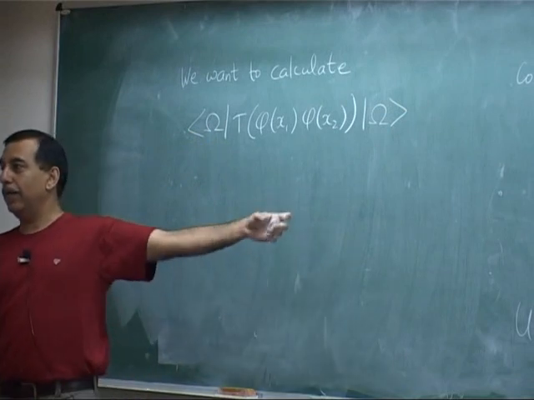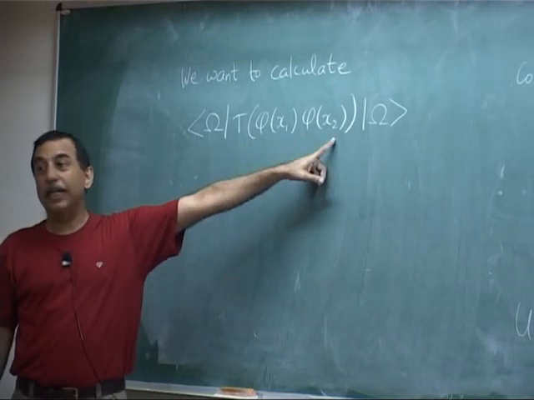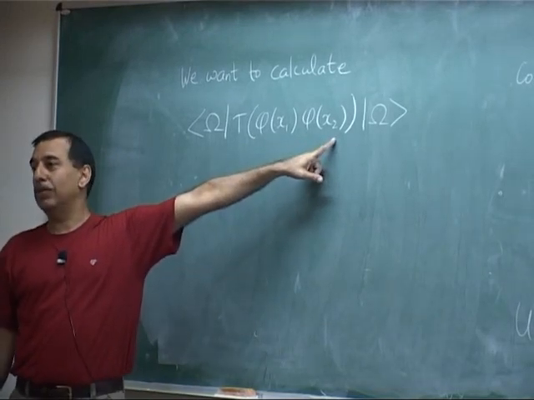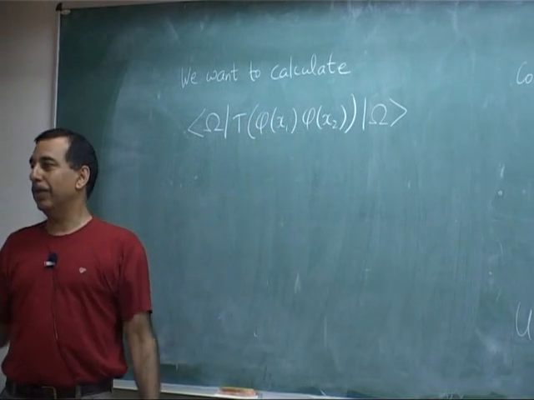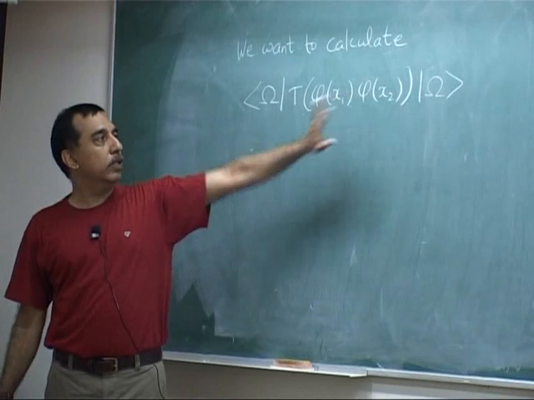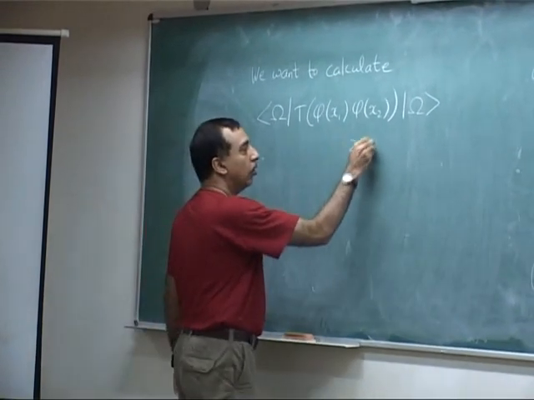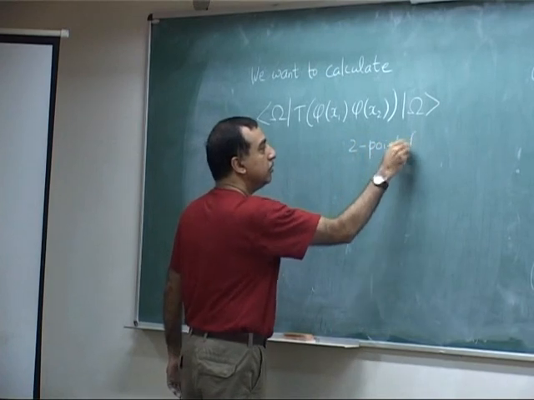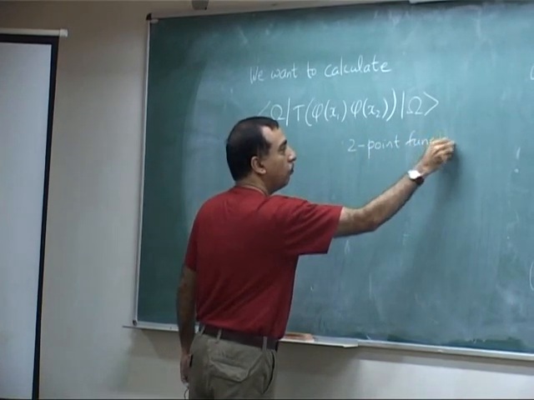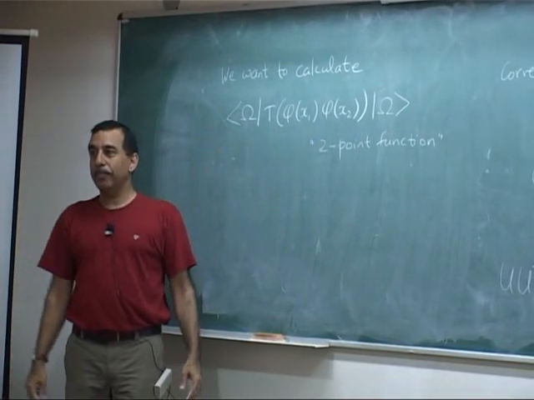Whatever formula I end up with, without proof I'll extend it to the case where we have any number of phi's inside here, not just 2, but 3, 4, 5. It will be quite straightforward that it extends. So for our own convenience, we work with this. This is called the 2-point function for obvious reasons. It's also called the Feynman propagator that we said last time.